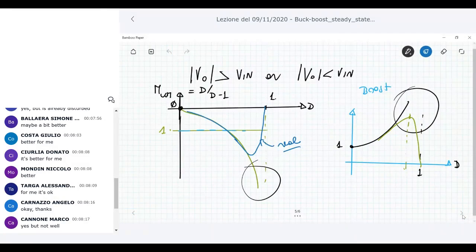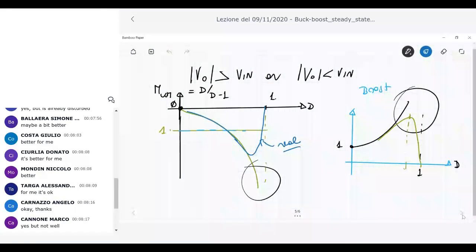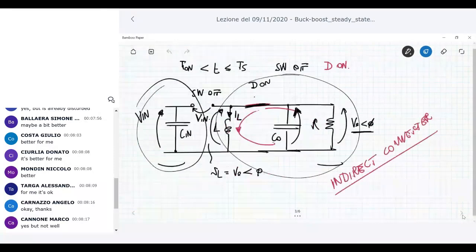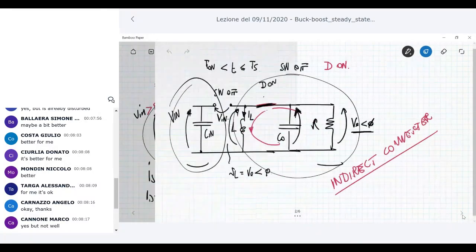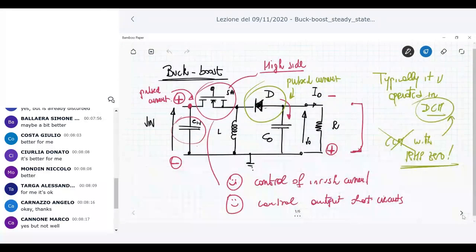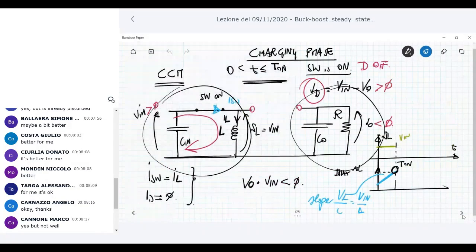Okay? This is quite understandable if you look at the circuits. What does duty cycle 1 mean? Okay? Duty cycle 1 means that if you look at the circuit, which is this one, in a period the switch is always on. And if the switch is always on, the situation is always this one. And the situation stays, say, forever.